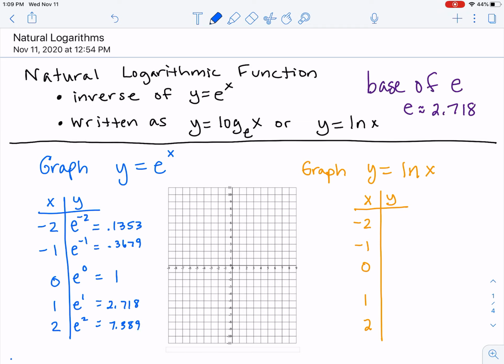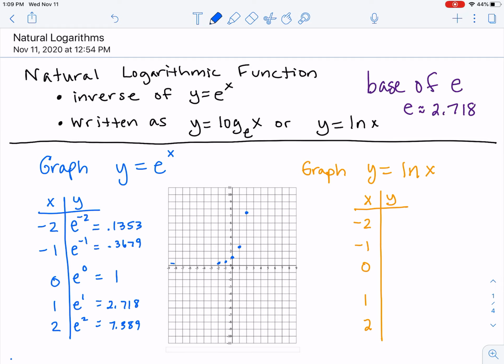Okay, so let's go ahead and graph this. I have the points (-2, 0.1353), (-1, 0.3679), (0, 1), (1, 2.718), and (2, 7.389).